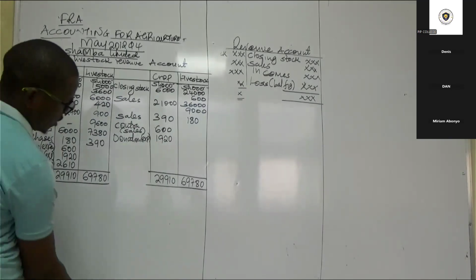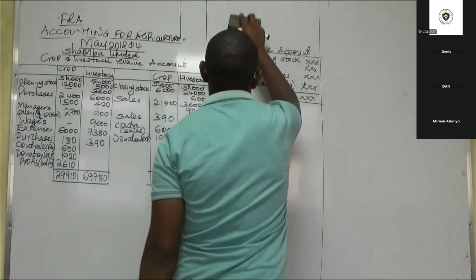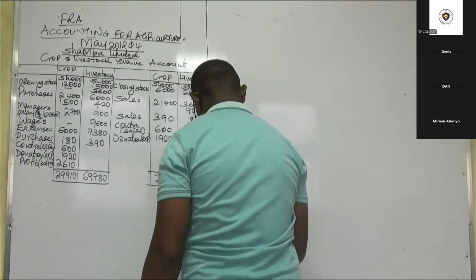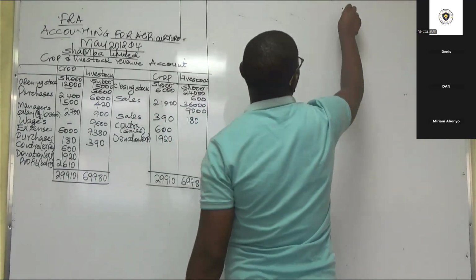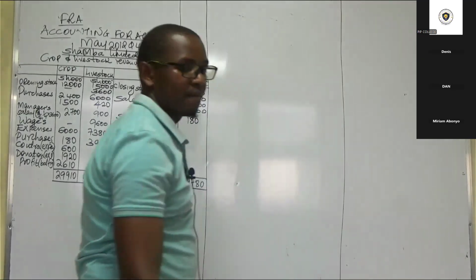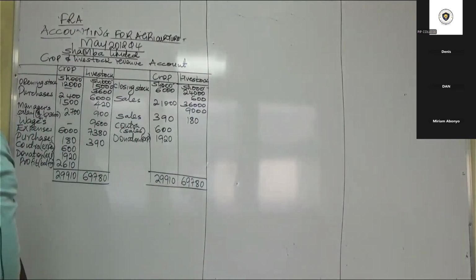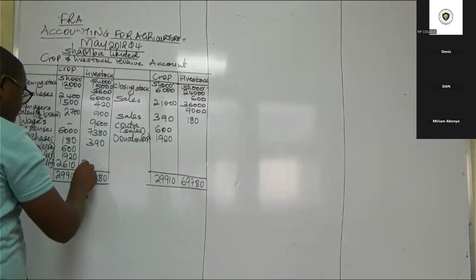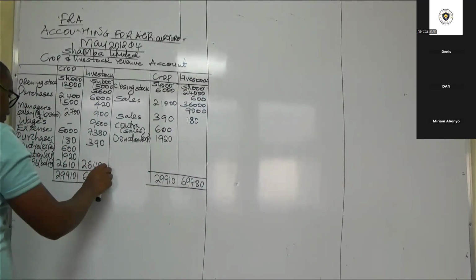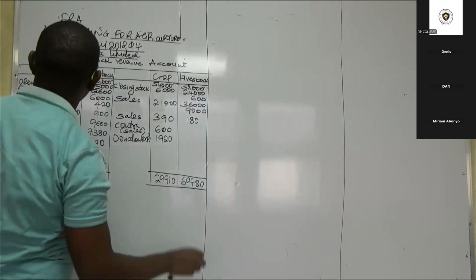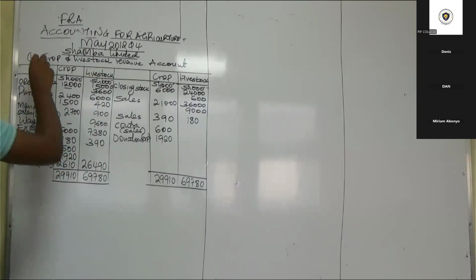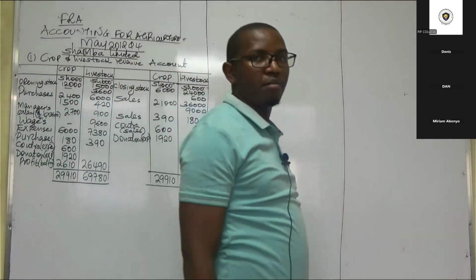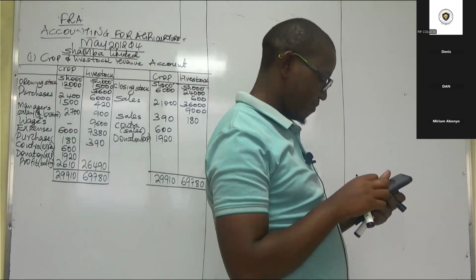Tell me it's giving you how much? How much is he giving you? 26,490. And that is Roman number 1, the crop and livestock revenue account in columnar format.